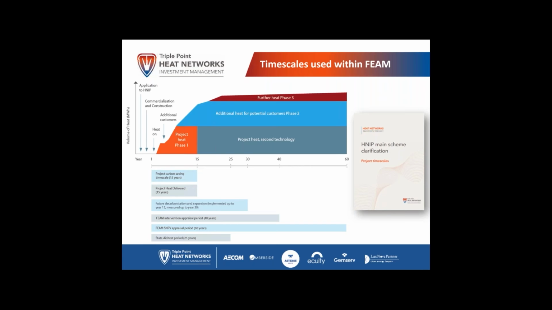We deal with changes to the generation technology. So if you put a gas CHP in on year 1, just assume that you're replacing the gas CHP at year 20 or whenever you might replace it, going forward. So that's a pragmatic approach to providing us with 60 years' worth of data.